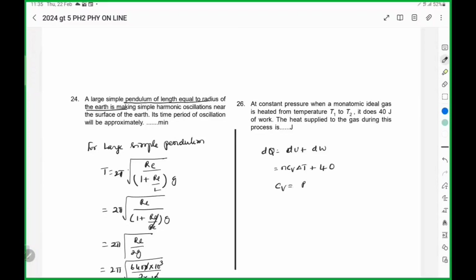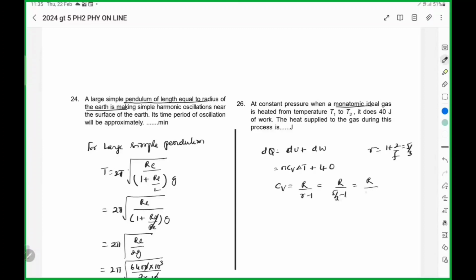Cv here is R by gamma minus 1. It's a monatomic gas, for monatomic, f is 3 degrees of freedom.